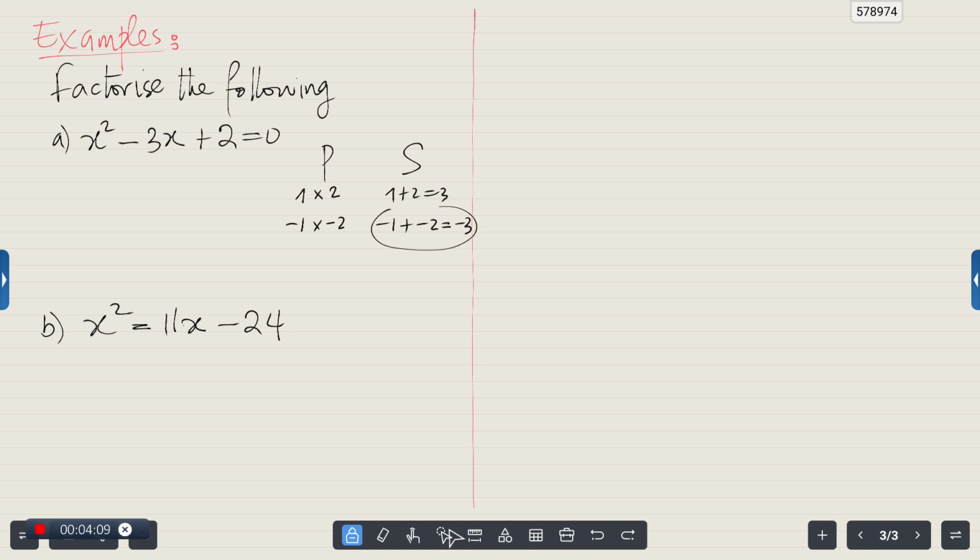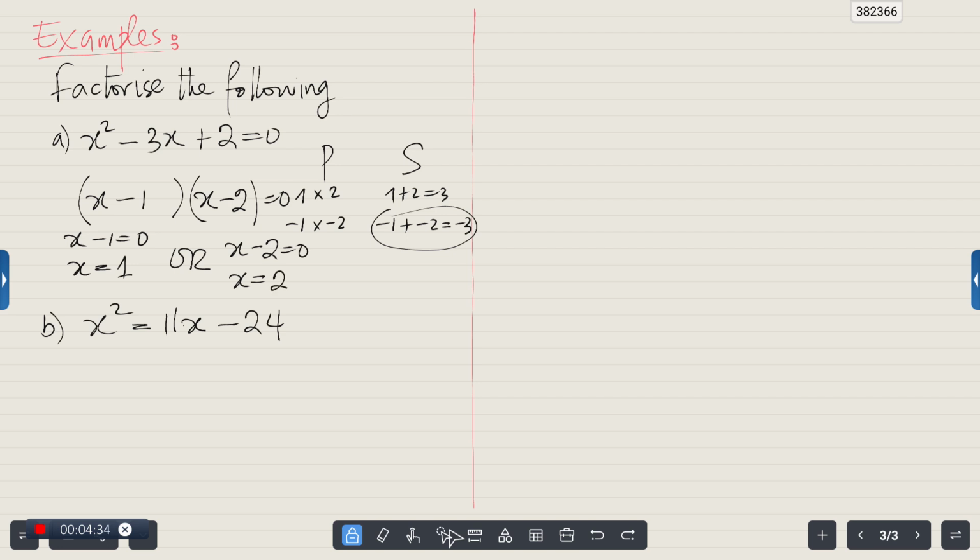So this satisfies the condition. So the factors would be x minus 1, x minus 2. So x minus 1 equals 0, x equals 1, or x minus 2 equals 0, x equals 2.